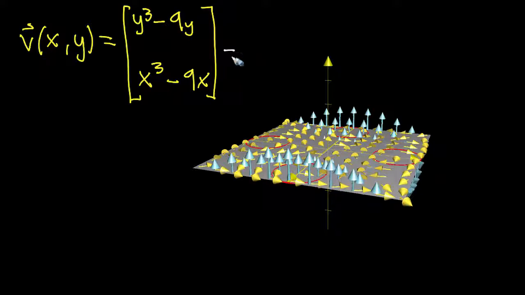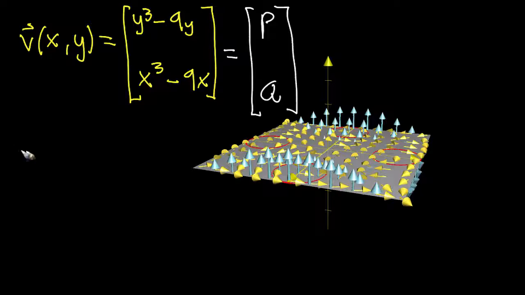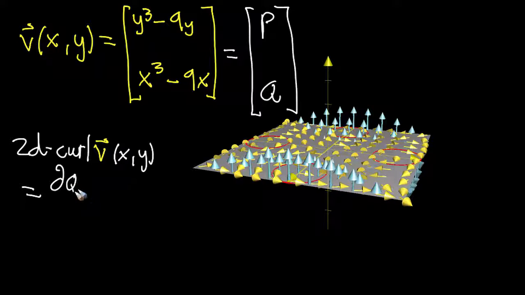If we give names to the 2 different component functions, p and q, then the 2D curl of the vector field v as a function of x and y equals the partial derivative of that second component with respect to x, so the partial of q with respect to x, minus the partial derivative of that first component with respect to y, so minus partial of p with respect to y.